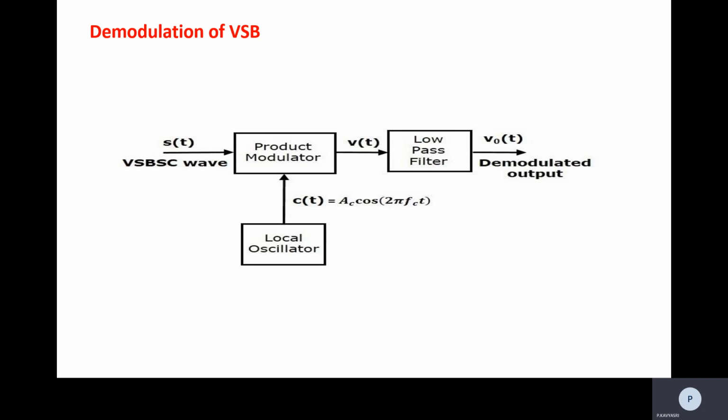At the output side of the product modulator we get V of t, and this signal V of t is passed through the low pass filter. A low pass filter allows only low frequencies and suppresses the remaining band of frequencies. At the output side of the LPF, we get the demodulated signal of the VSB. So that is about the generation and demodulation of VSB.